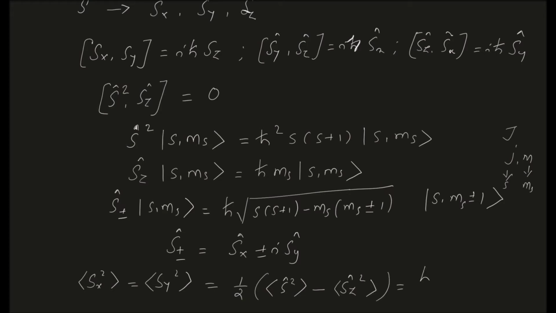So this can be written as h-cross squared by 2 into s into s plus 1 minus m_s squared. So you can easily identify these kinds of expressions if you clearly understood the general angular momentum theory. So those who have confusion, or don't know how to get these terms, are advised to look into the general angular momentum theory. There we have similar expressions. The only variation is, instead of general angular momentum, we have taken the spin angular momentum.